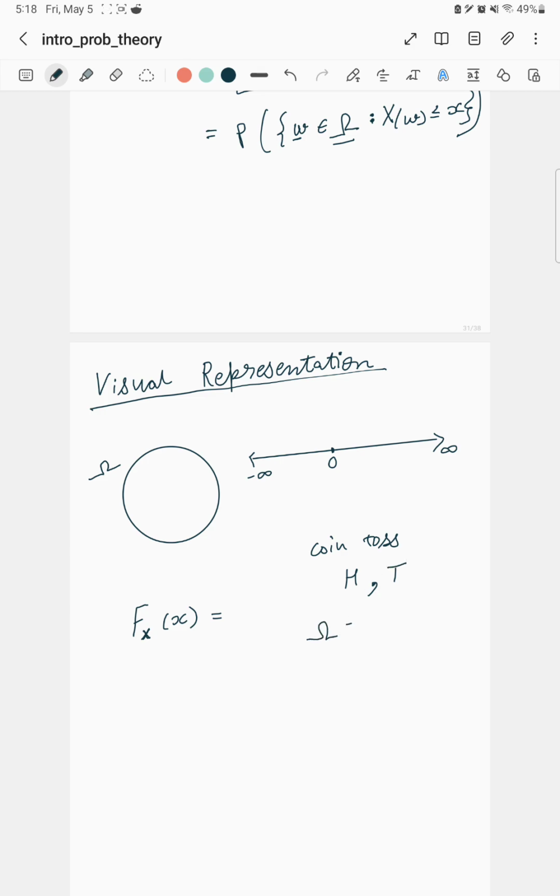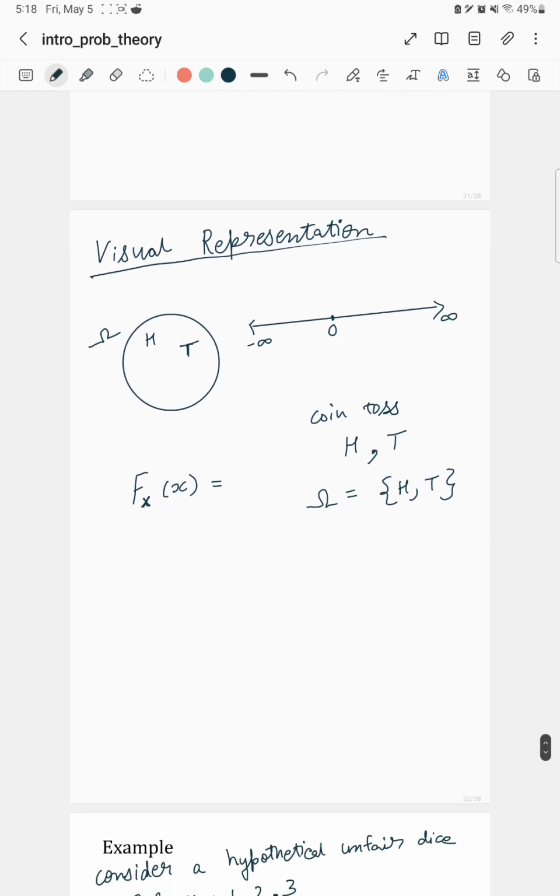So the sample space would be heads or tails. You can write it here. So this is the sample space. And let's define the sigma algebra as the power set of Omega, which would be phi, heads, tails, and Omega itself. So F is a sigma algebra on Omega.